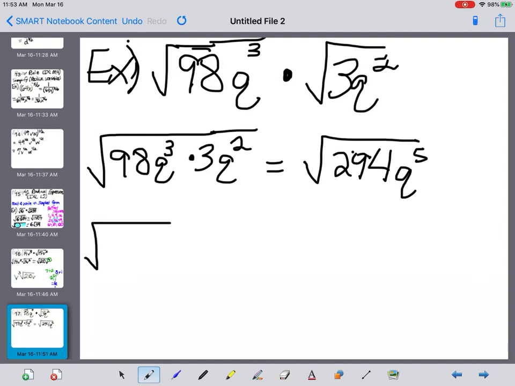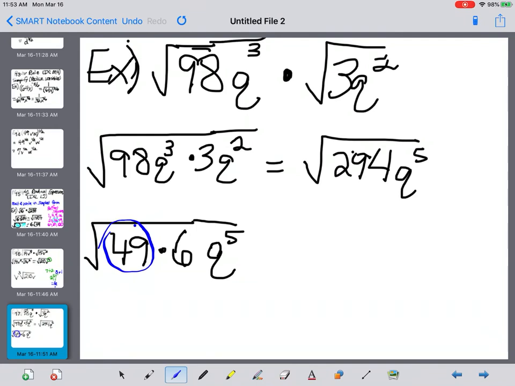So that's going to be the square root of 49 times 6, because 49 times 6 gives me 294. And then, of course, I still have my q to the 5th. Okay, so 49 is a perfect square.